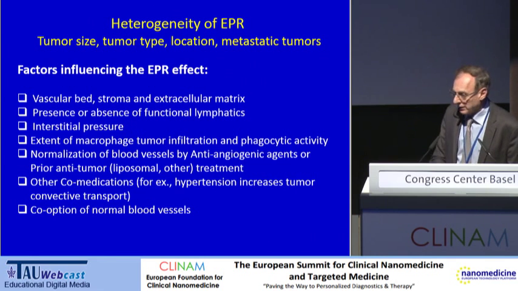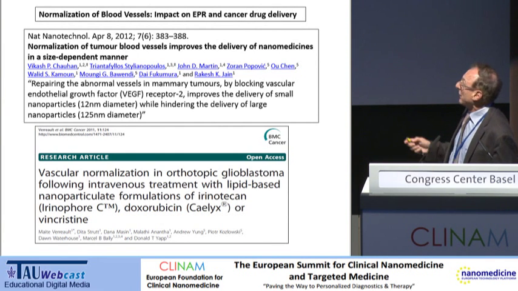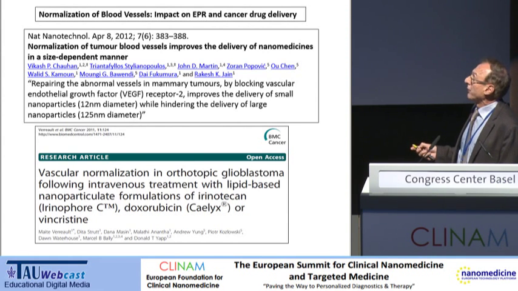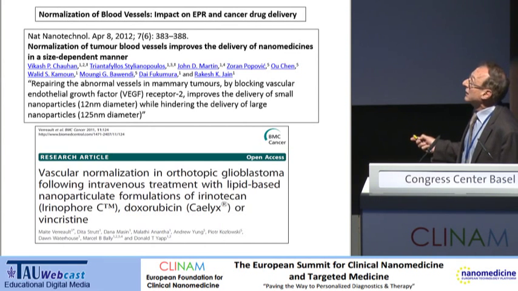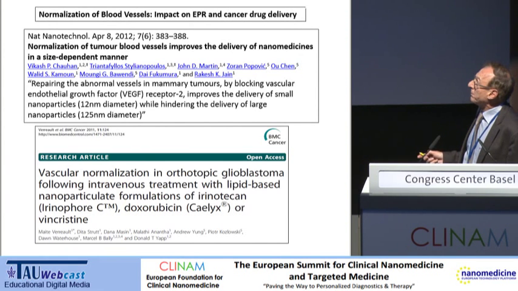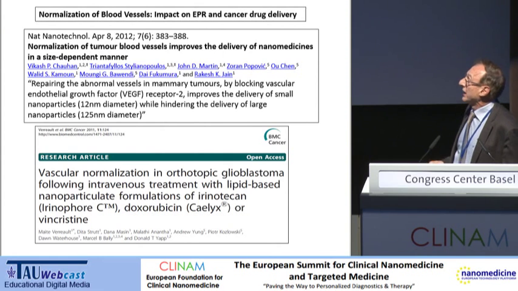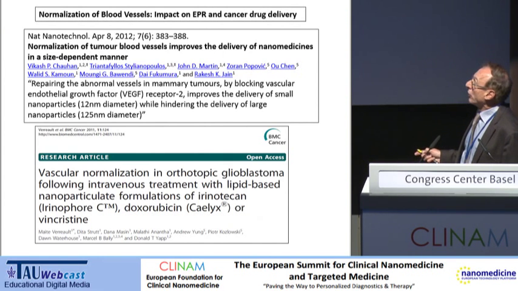And I do have a couple of slides just to show you a couple of interesting papers that have shown other factors that are important in considering the EPR effect. The normalization of blood vessels, which is actually obtained with bevacizumab and other anti-angiogenic agents. In a recent paper of Rakesh Jain's group, they did show that when tumor blood vessels are normalized using anti-angiogenic agents, it actually improves the delivery of small nanoparticles.